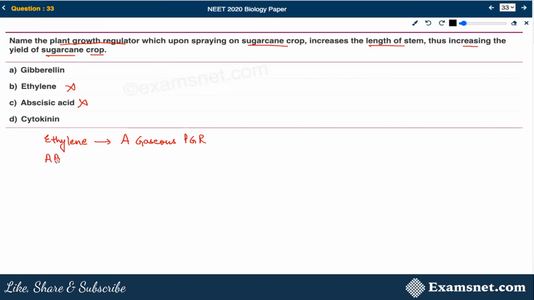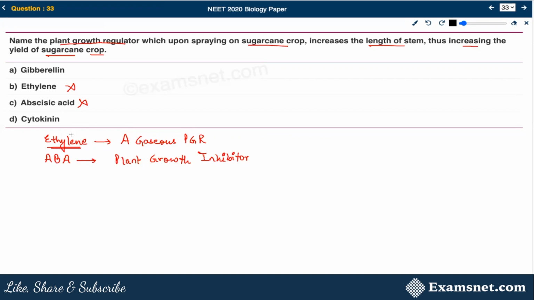So ABA is one such hormone which is a plant growth inhibitor but not a promoter. Somewhere ethylene is also included partially in the plant growth inhibitor, PGI. It has some roles as a plant growth promoter and some roles as a plant growth inhibitor. So that is also not the correct option.